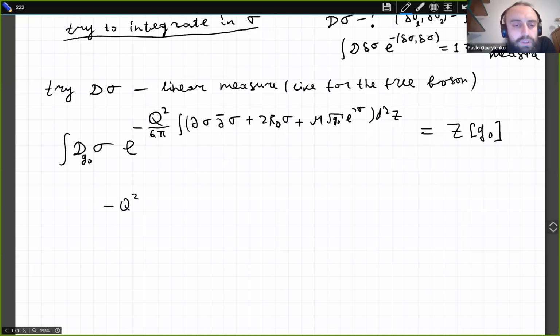I'm not sure that it's a good notation, but let us put here the coefficient 6 Q squared.